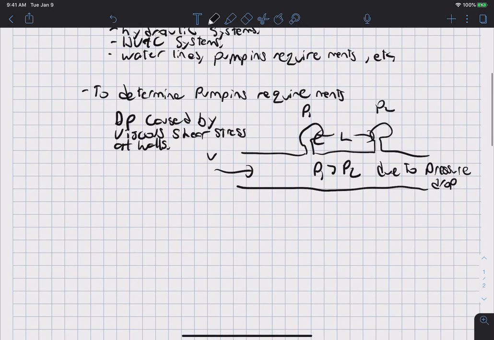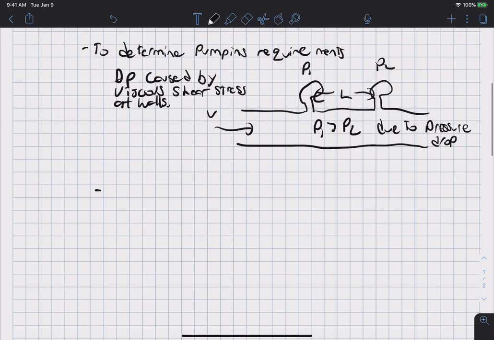And now, many practical systems don't have just straight sections of pipe, but they can have fittings and elbows and valves and things like that. So we also need to consider those.